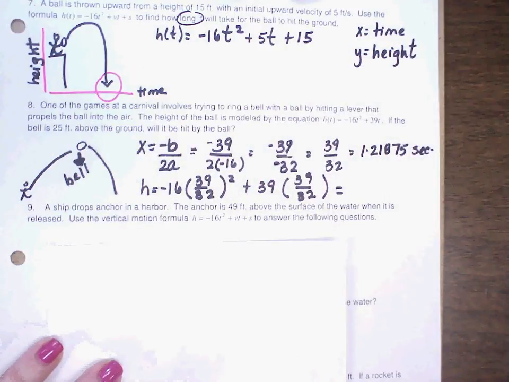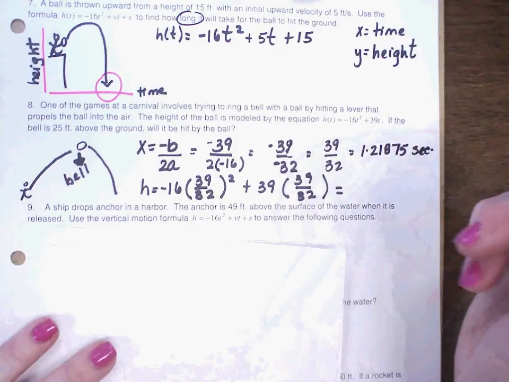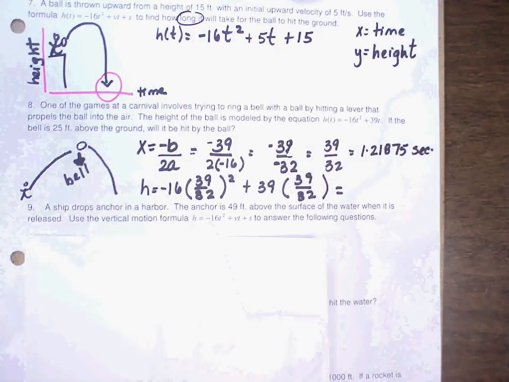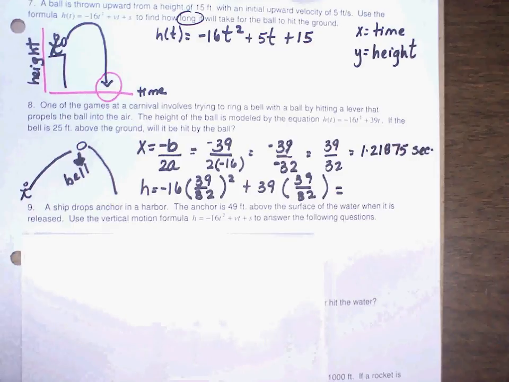I got 1,521/64. All right, but that doesn't tell me anything because I need 25 feet. So you've got to give me a better number to work with, correct? It's 23.7656. So 23.7 something.